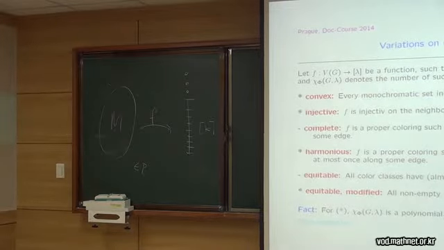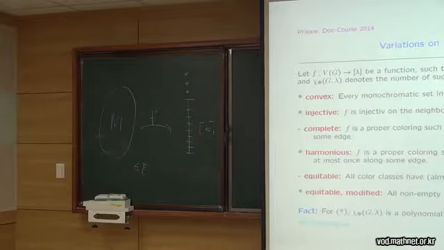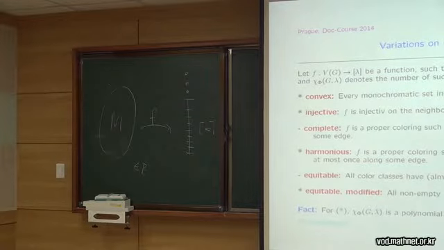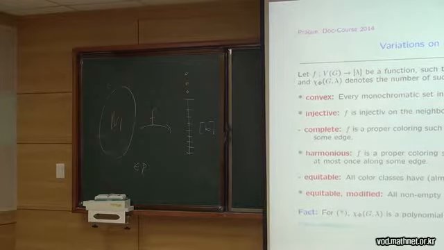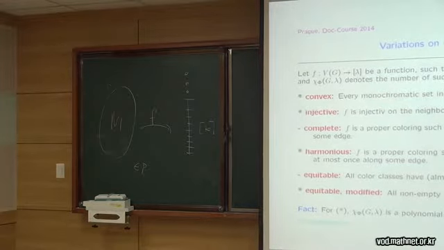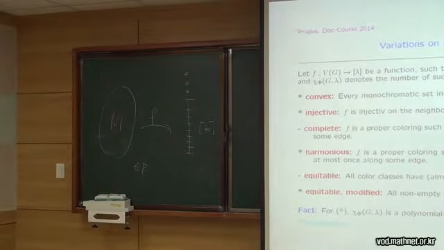Complete doesn't remain true, because here you say every pair of colors was used, but now I add a new color, and then the pair of unused together with a used color has not been used. So this is why this has a minus. Harmonious remains true. This has a funny name, but anyhow. We'll come back to this also tomorrow.